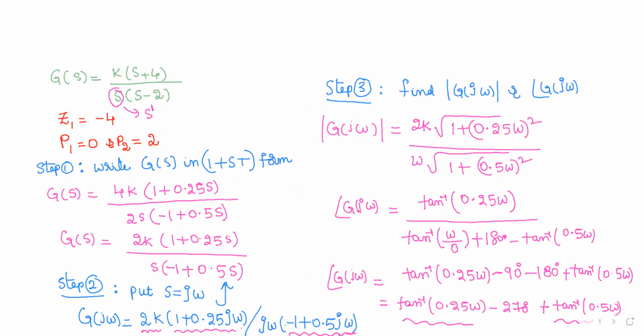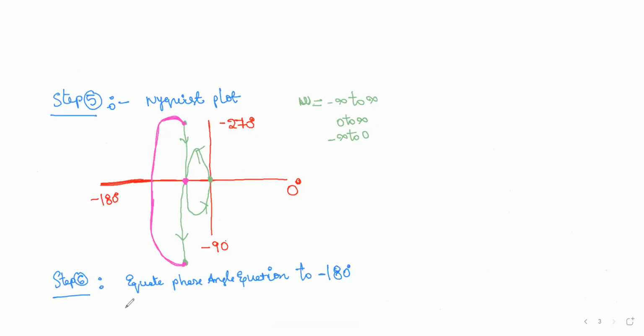This one: tan inverse 0.25 omega minus 270 plus tan inverse 0.5 omega. So minus 180 degrees equals tan inverse 0.25 omega minus 90 degrees minus 180 plus tan inverse 0.5 omega.